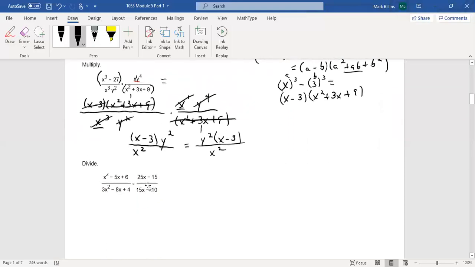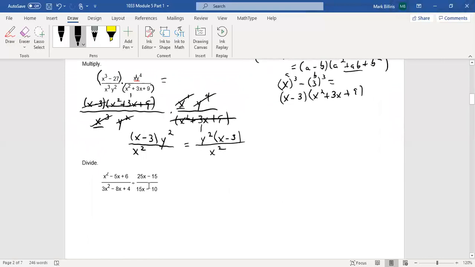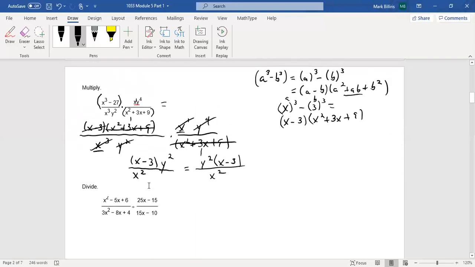So division, what are the rules of division? Well, they have the exact same rules as multiplication. So in division, the only difference is, remember that when you divided fractions, you changed it from division to multiplication and you took the reciprocal of the divisor. So the first thing that we're going to do is take the reciprocal of the divisor and change it to a multiplication problem.